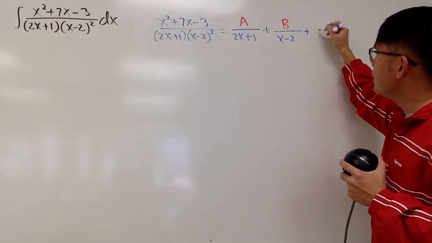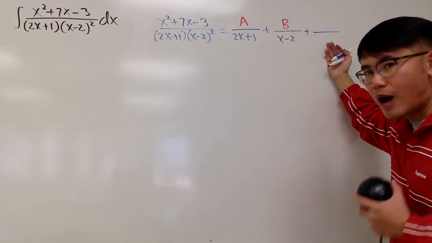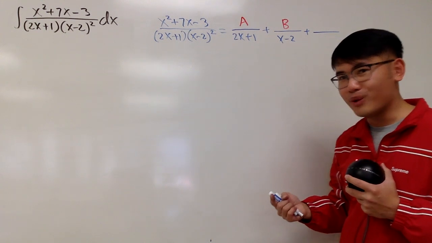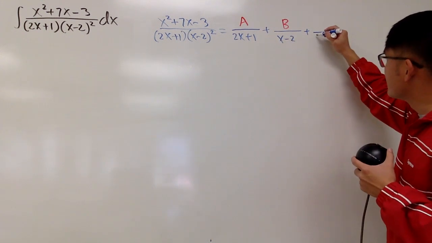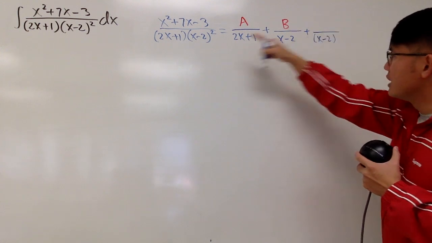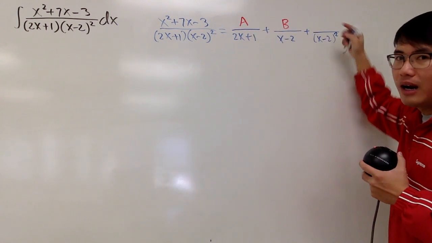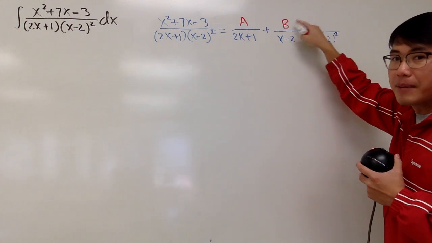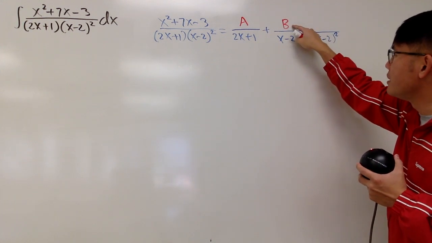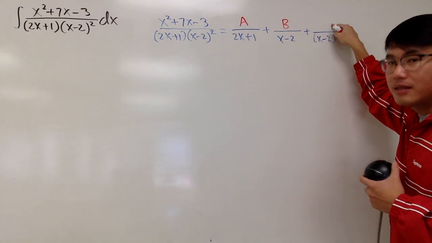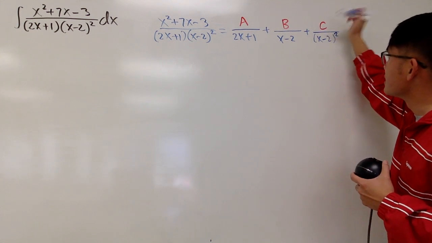And then we'll continue. We will have to go to the second power now because we are building out the powers. And then we will write down (x minus 2) to the second power. And when you build out the power, the top is the same kind. So here we have B. This right here is also a constant, but it's a different one maybe. I'll just put C for that.